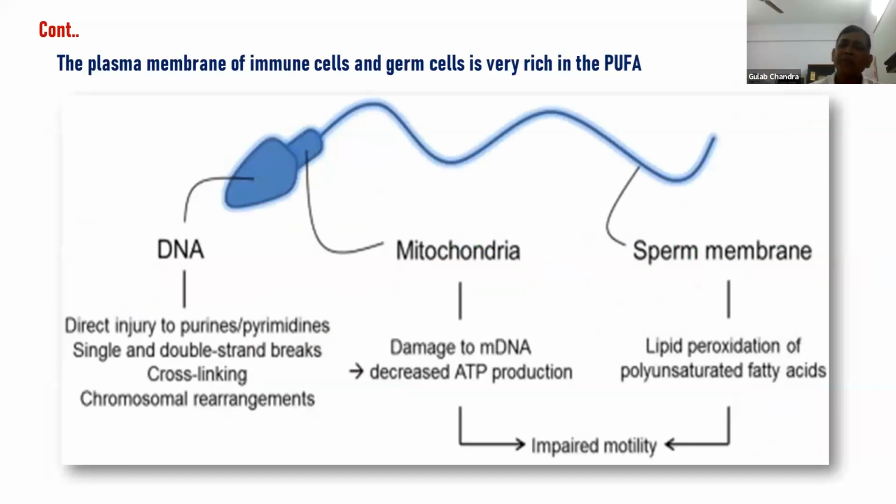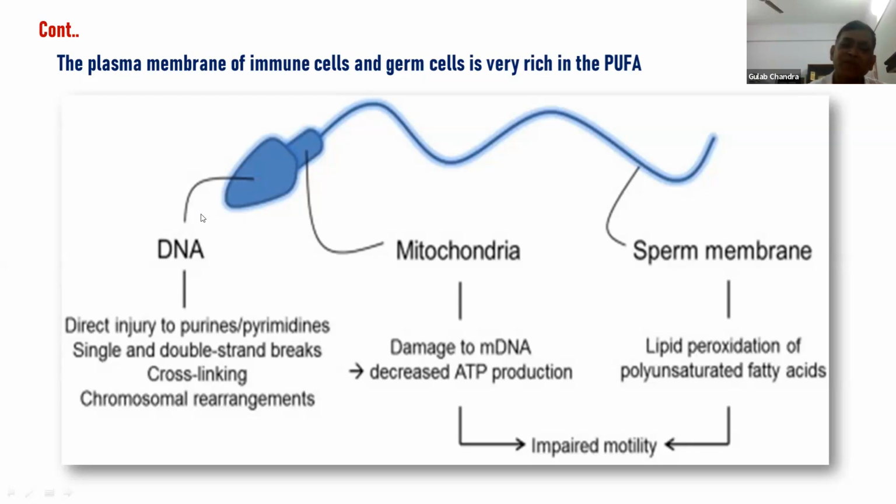The plasma membrane of immune cells and germ cells: immune cells like leukocytes, neutrophils, macrophages, and T and B cells are very rich in polyunsaturated fatty acids, and germ cells, either oocyte or spermatozoa, are also very rich in polyunsaturated fatty acids, and this is the site.